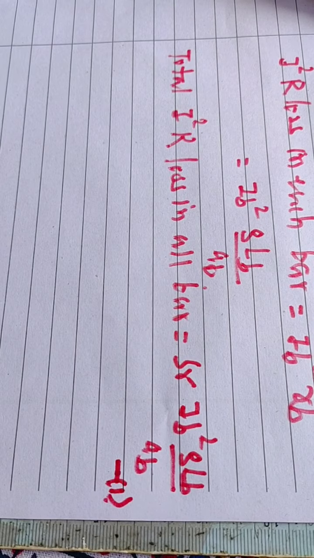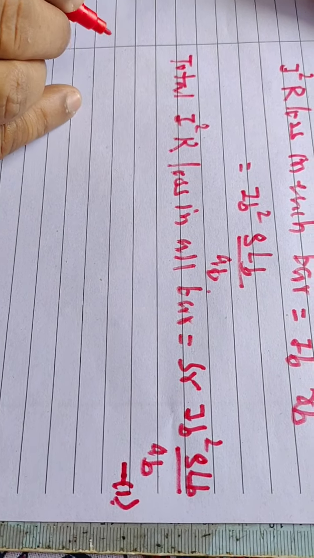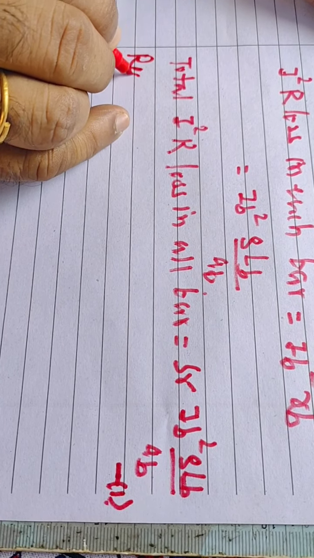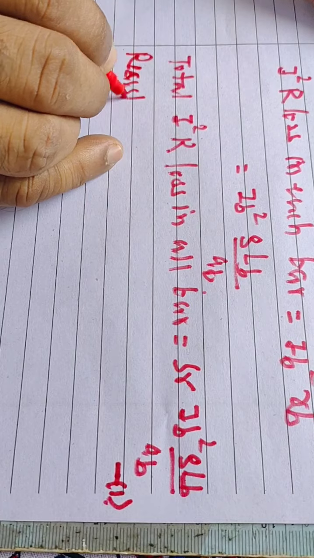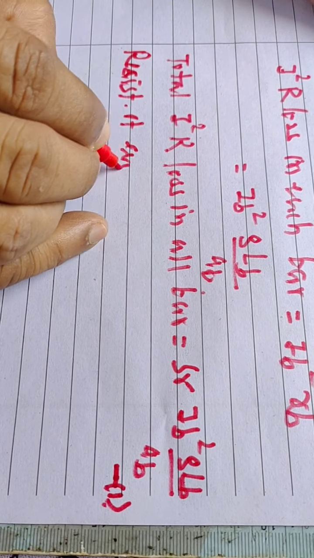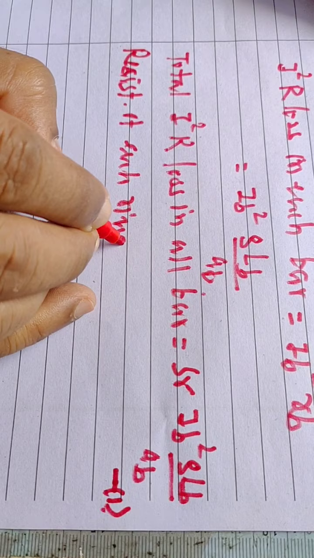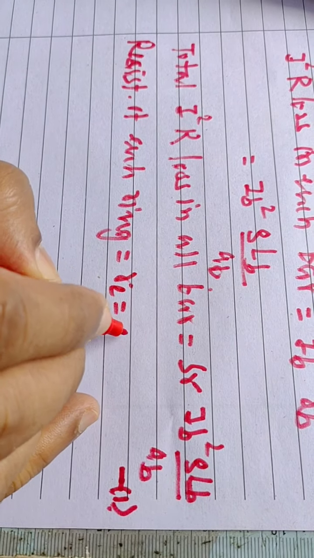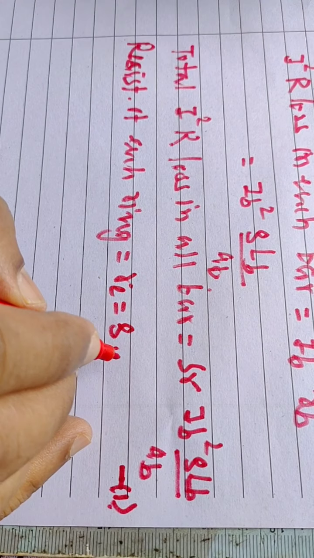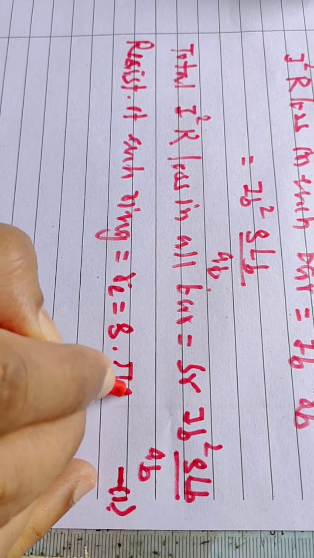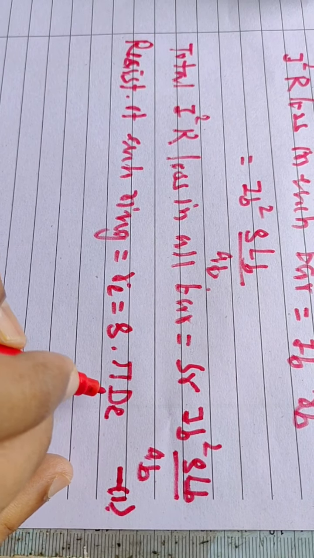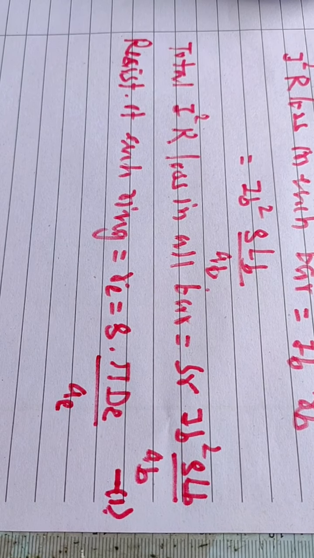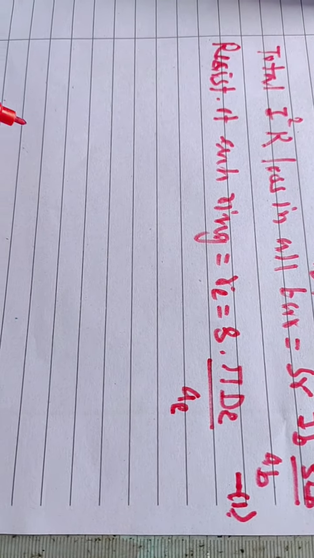Now in the same way we find the copper loss in the end ring. There are two end rings. The resistance of each ring RE is rho L upon AE, where L is the mean length, nothing but the mean circumference, pi DE. So this is the resistance of each ring.